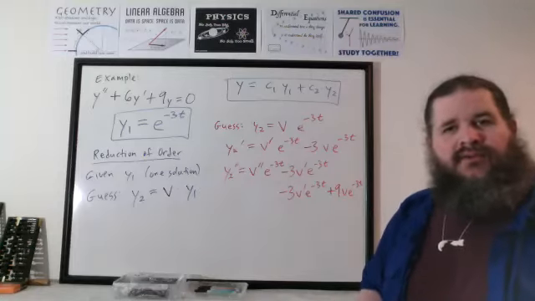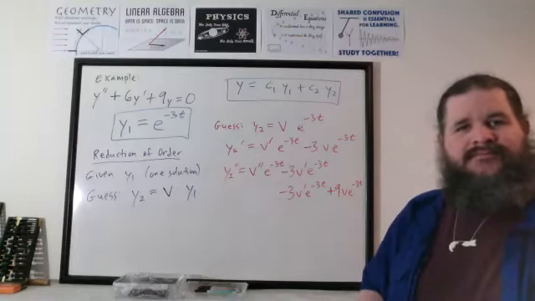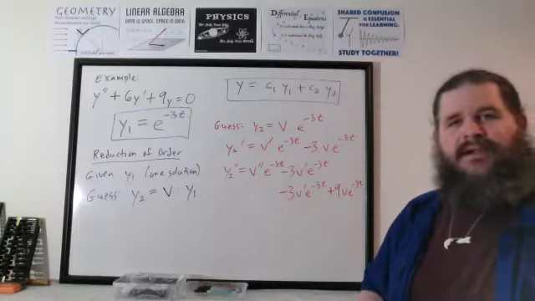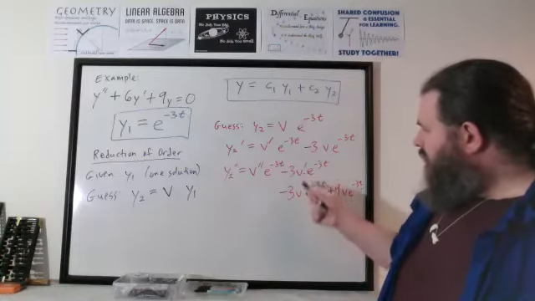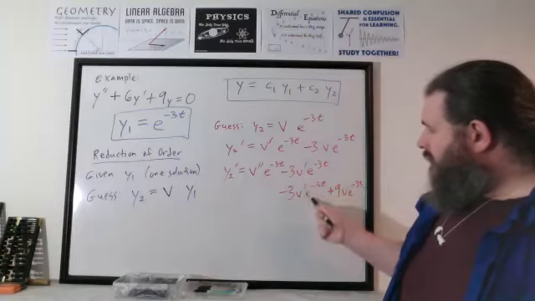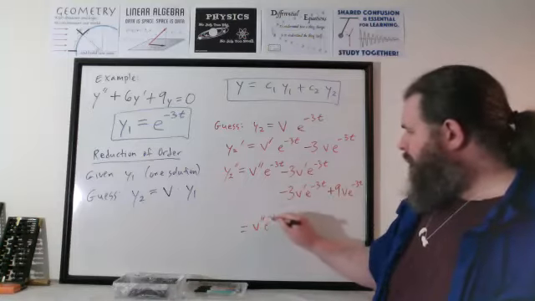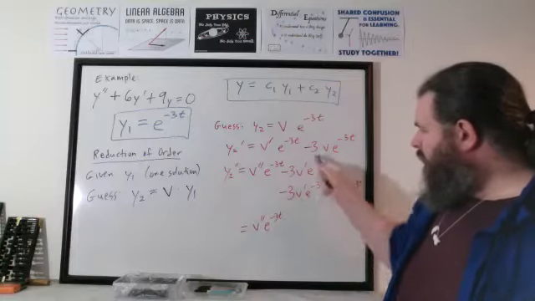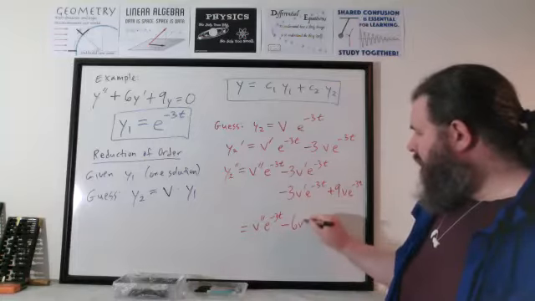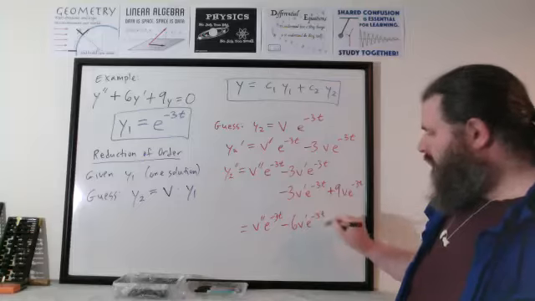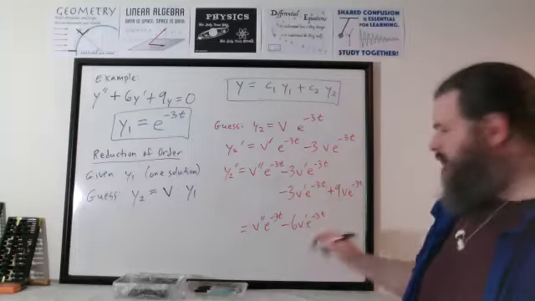Any questions on those derivatives so far? No. And also, these two terms have the same v prime and e to the -3t, so we can combine those. This just becomes -6v prime e to the -3t, from the -3 and -3 combined.